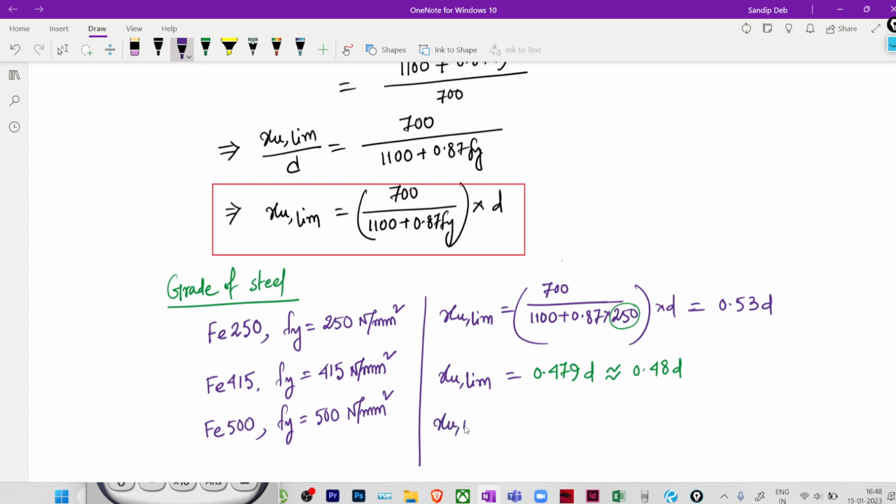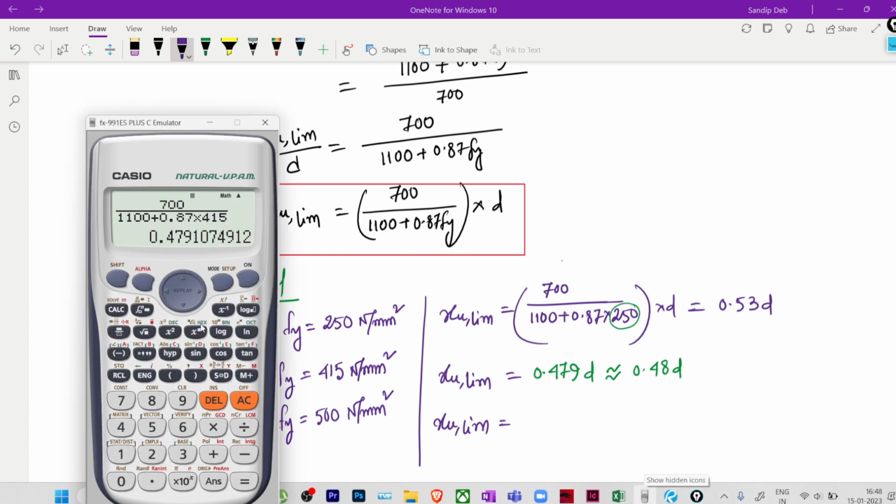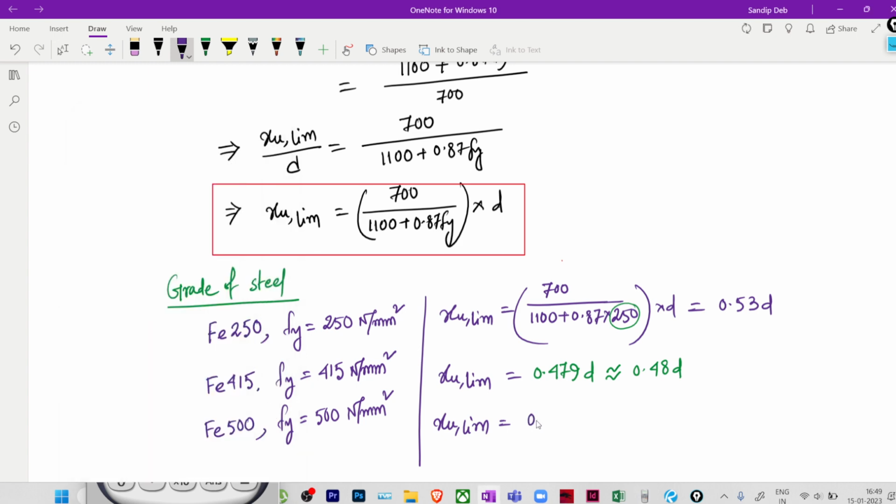In that case, Xu limit will be, again we'll be replacing it by 500, equal to 0.456 d, which will be equal to 0.46 d, right?